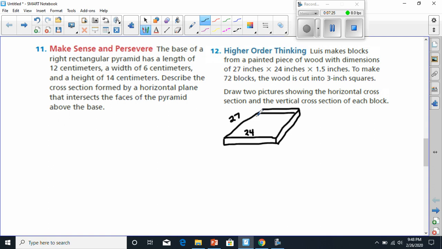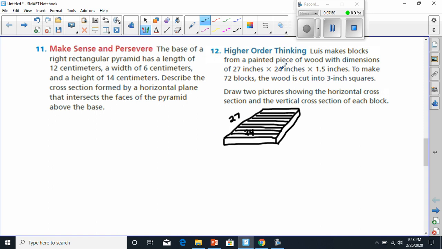So there's going to be 9 slices this way. 1, 2, 3, 4, 5, 6, 7, 8, 9. And then there's going to be 24 cuts.